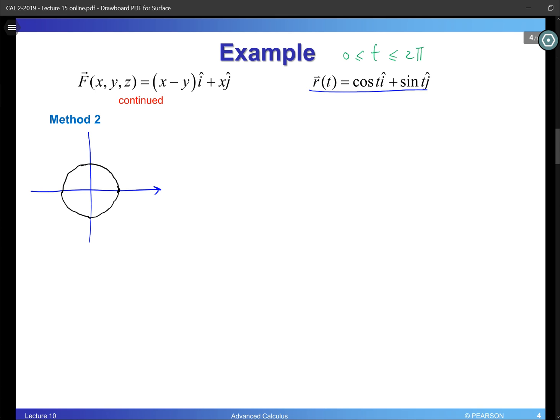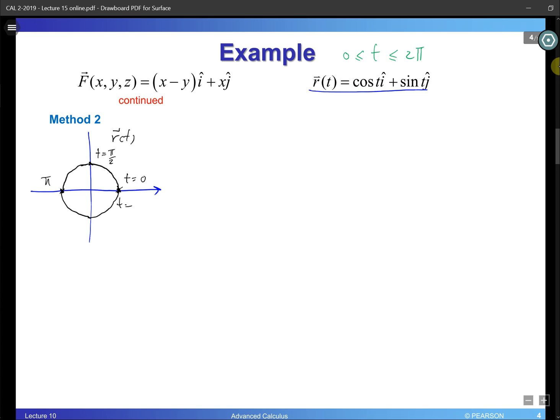right here. So this is r of t, time equal to 0. At this point, time equal to pi over 2. At this point, time equal to pi. Well, you get the idea, and comes back to here at the original place.